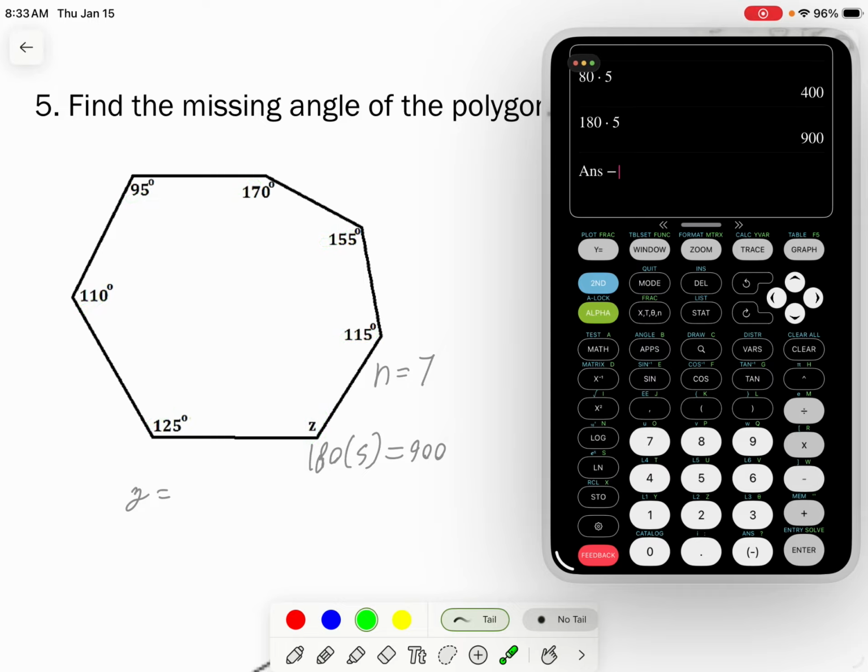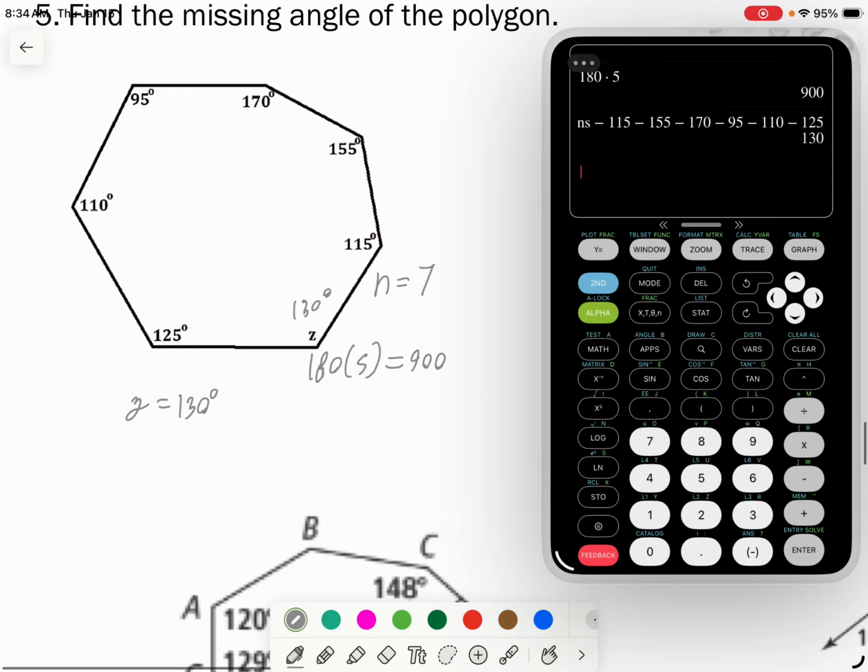So I'm just going to take my previous answer, that 900, minus, and I'll start right next to the Z, 115, minus 155, minus 170, minus 95, minus 110, minus 125. 130 degrees. Now, I also want to communicate how I got that answer using the theorem.